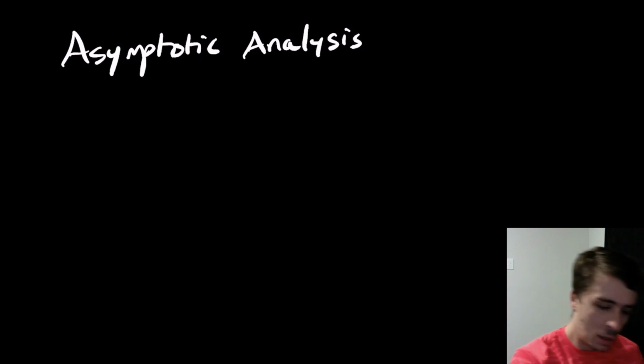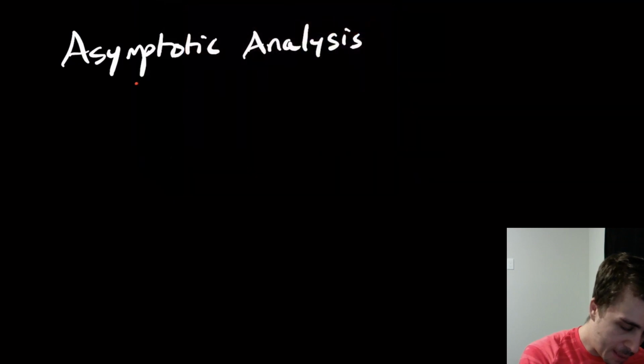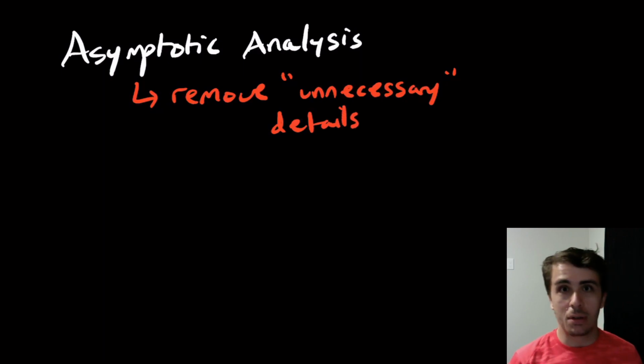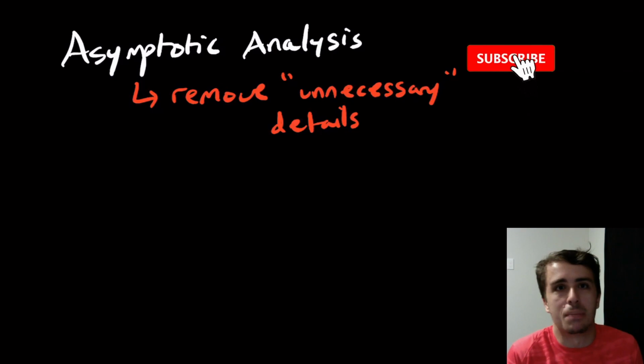So the idea, as I said, is to remove the, quote, unnecessary details of how the algorithm works. So if the algorithm does a few operations, like 5 versus 10, it doesn't really matter. It's just twice as much.